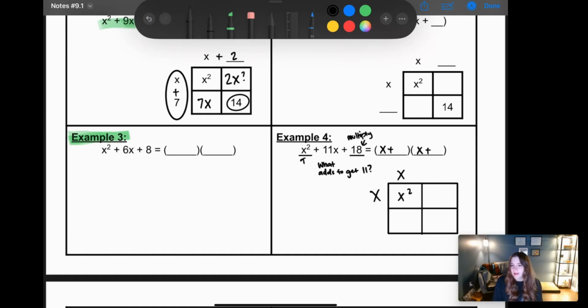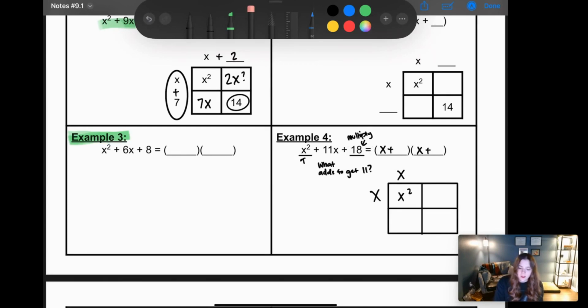So a lot of things might add to 11, but they don't all multiply to get 18, right? So, for example, I know that 6 plus 5 gets me 11. But if I multiply 6 times 5, what does that give me? 30. So that cannot be your answer because it has to be able to multiply to 18 as well.